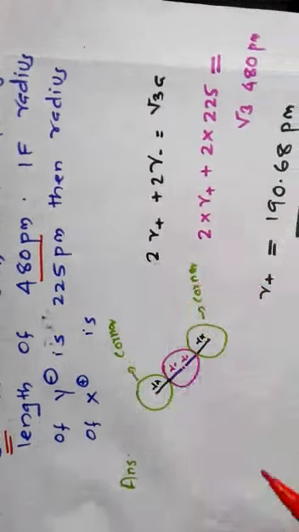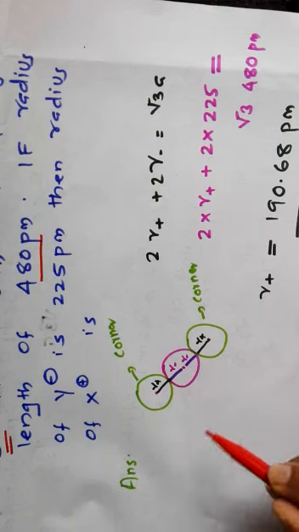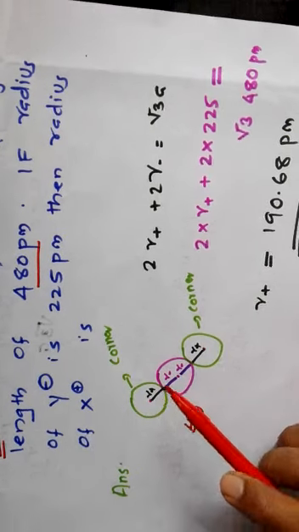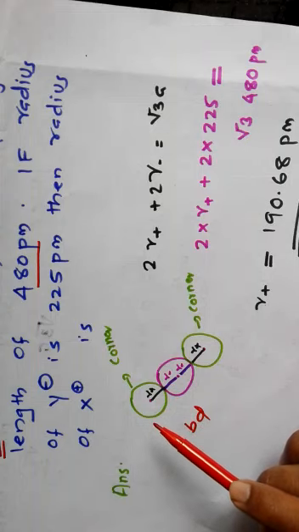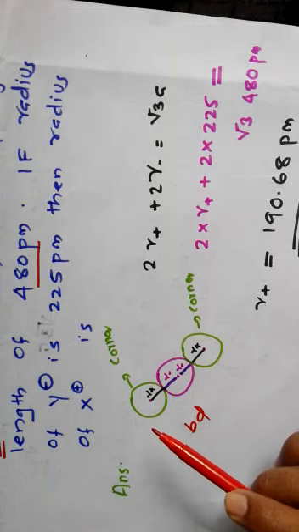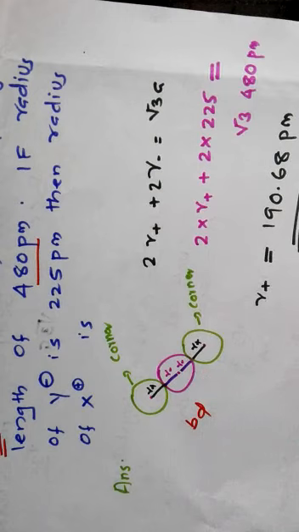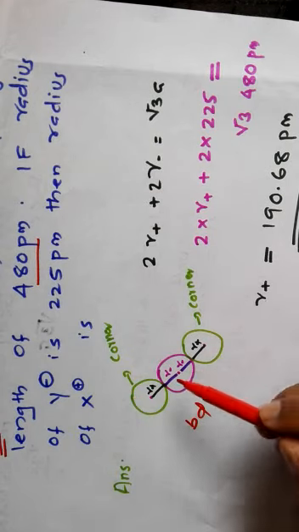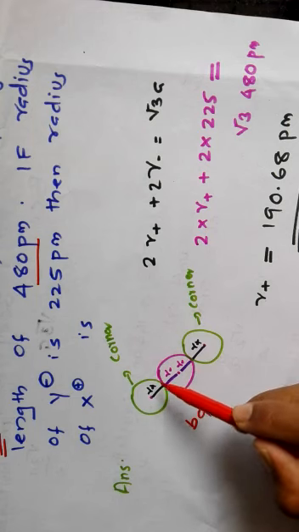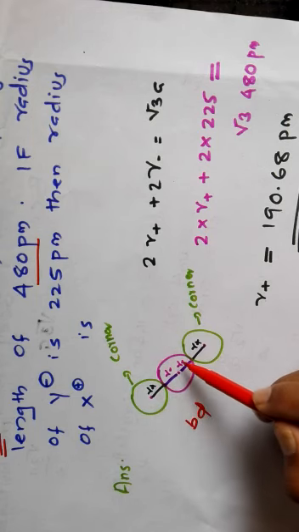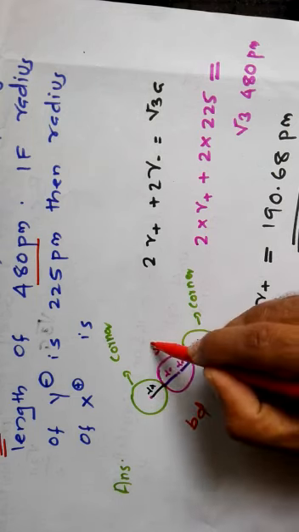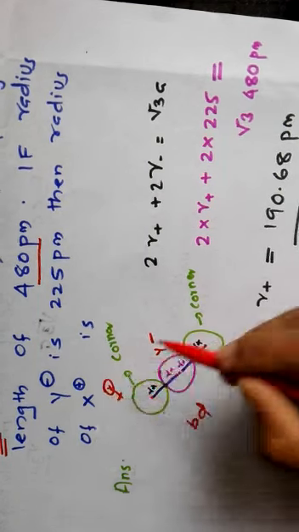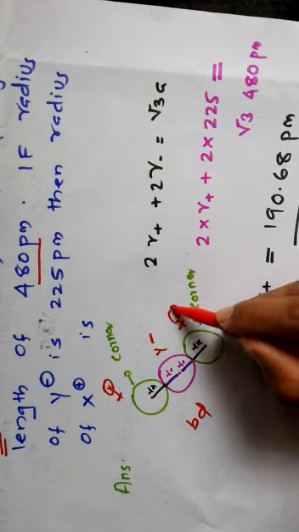Here, please understand. Imagine this is the body diagonal. What is the body diagonal? It originates from one corner, goes through the center of the cube and meets at the opposite corner. This is the corner, this is the opposite corner, and this is the body center. The particle at the body center is, suppose, Y minus, and here X plus, here also X plus.